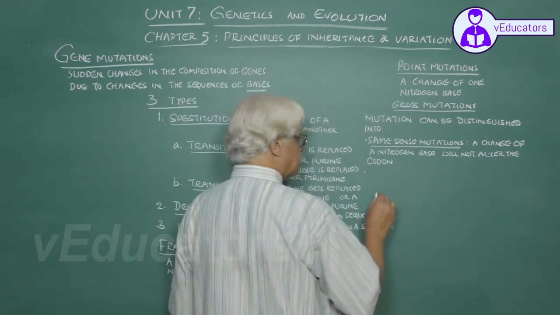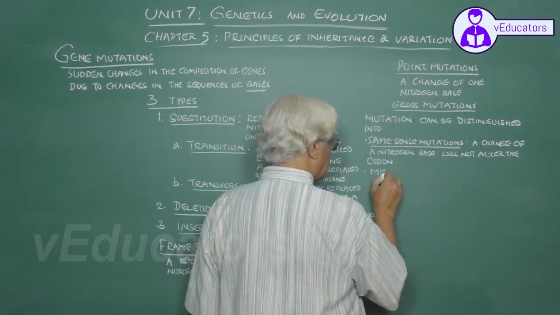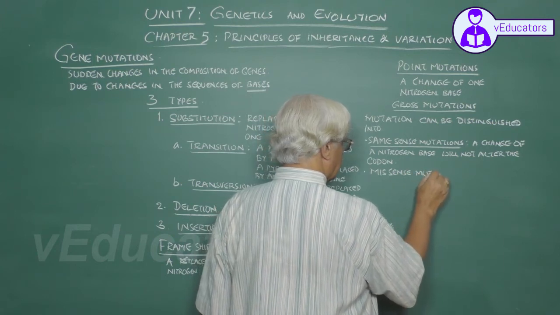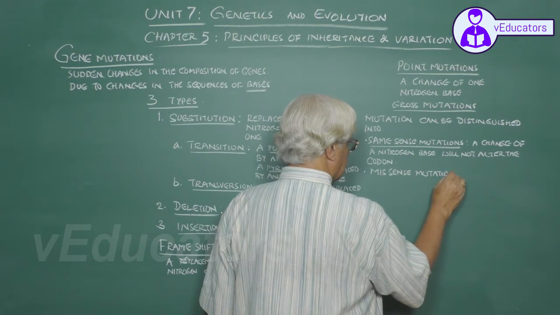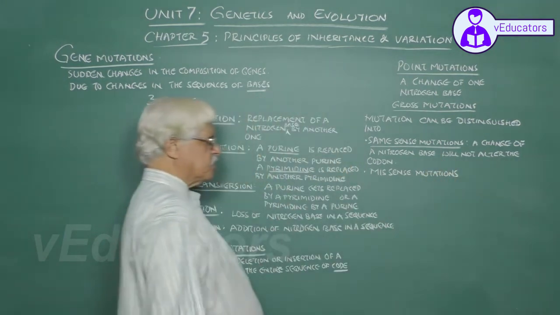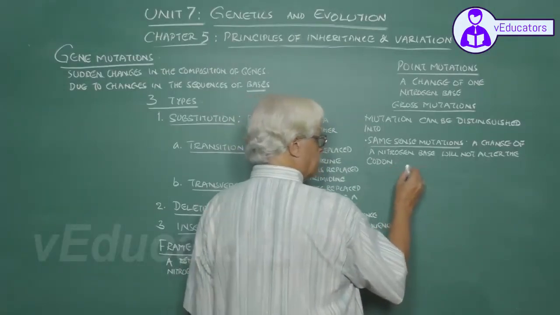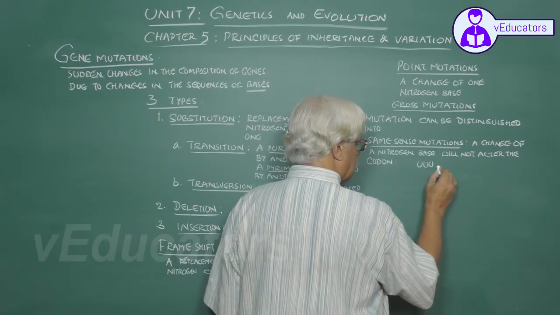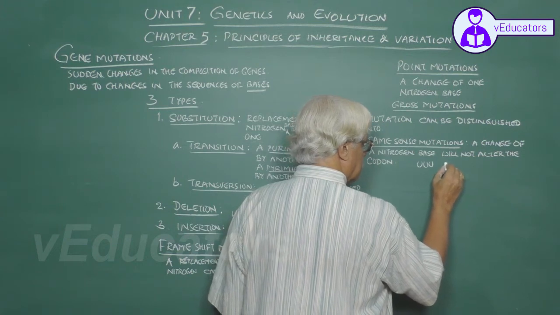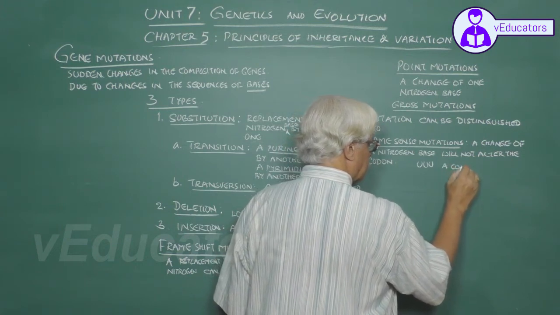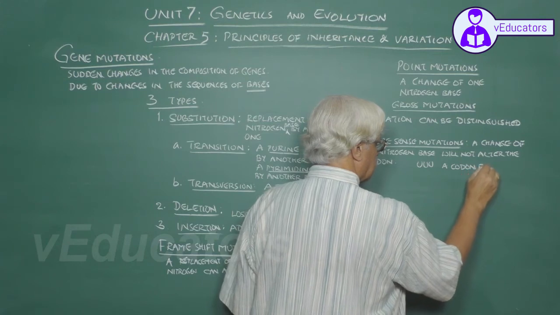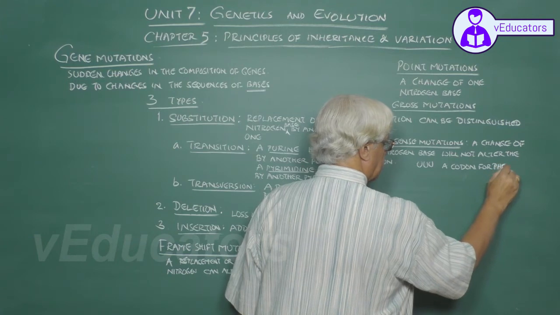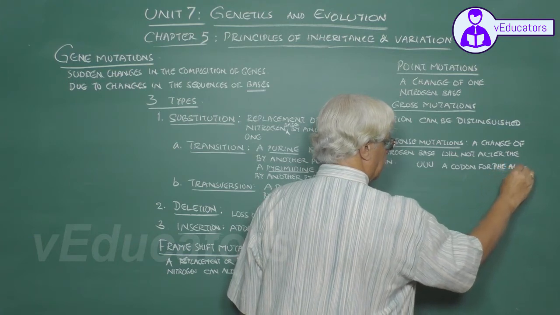Another possibility is, for example, UUU is a codon for the amino acid phenylalanine.